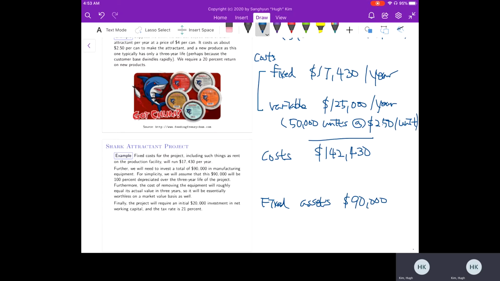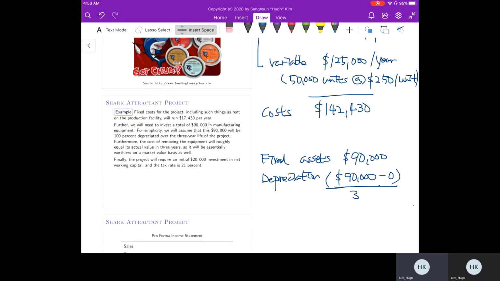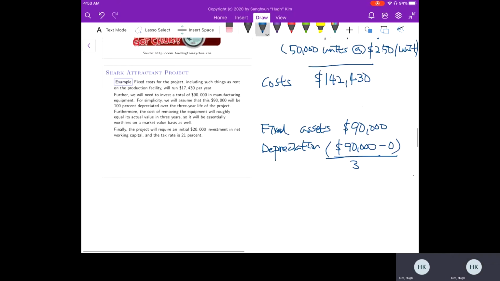So depreciation is going to be 90,000 minus 0, divided by 3. So that is equal to $30,000.